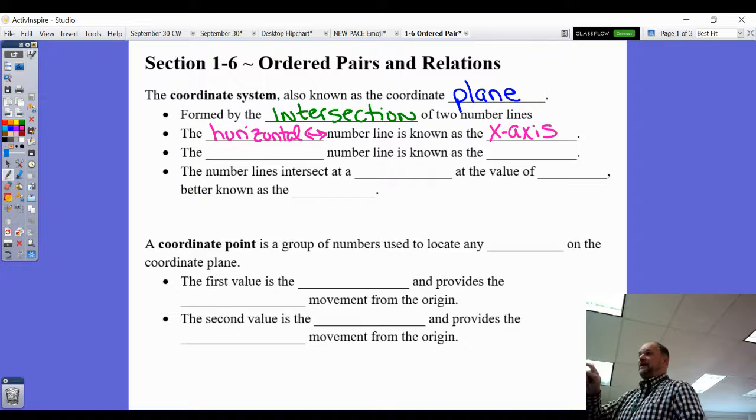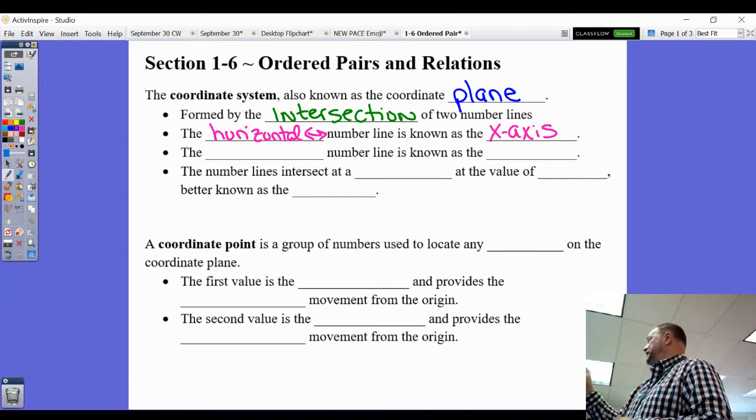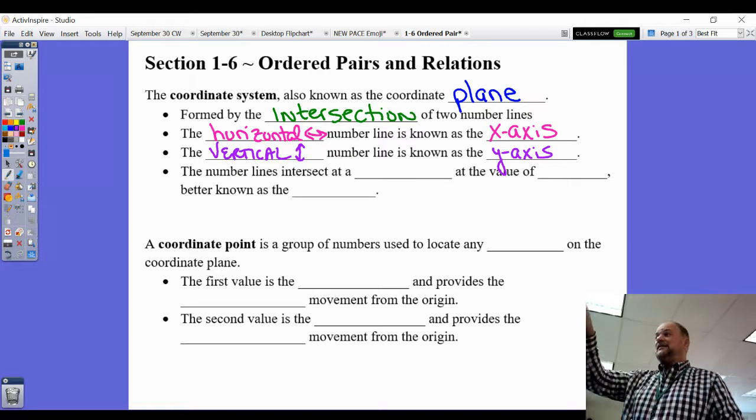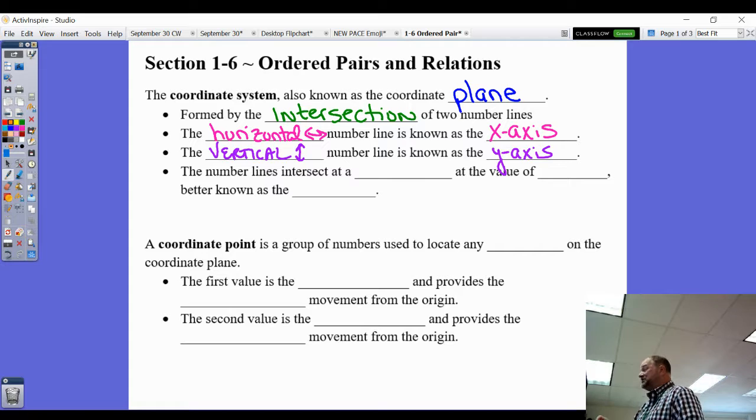And the other one is a vertical number line, which means it goes up and down, okay? The vertical number line, which goes up and down, is known as the y-axis, okay?